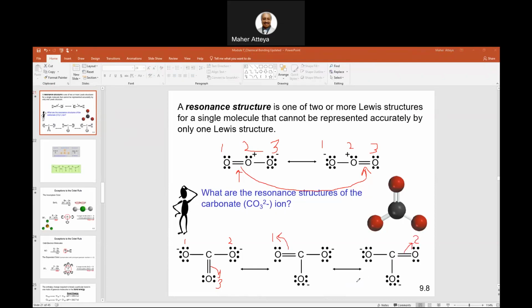So you can see this double bond migrates through all 3 oxygens within the carbonate ion. This is the carbonate ion, and this will lead to more stability, more stability, more stability.